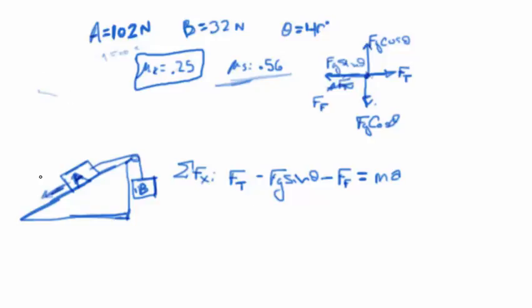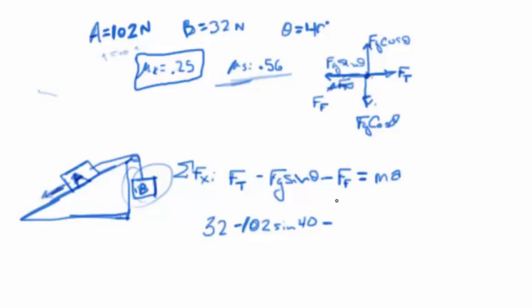Whatever. So we know that the force of tension is going to be equal to the weight of the block. We talked about that last time. So 32 minus Fg sine theta, which is 102 times sine of 40.